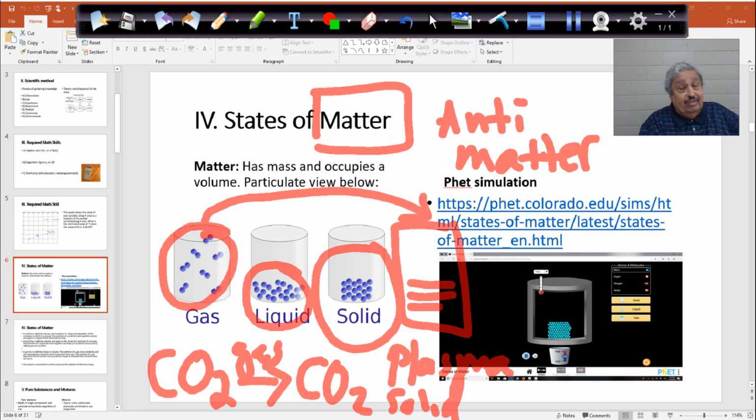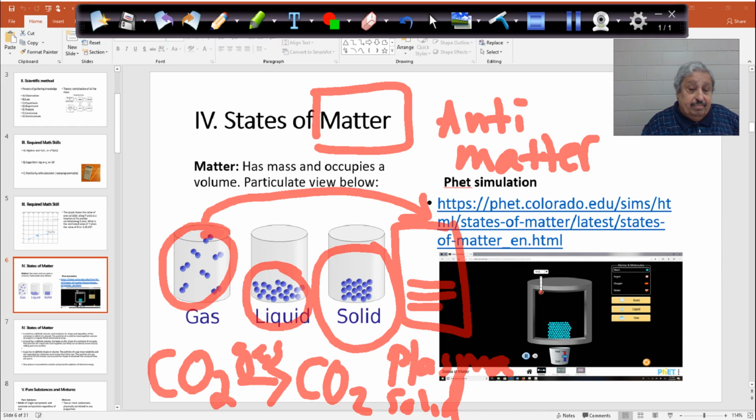If gases conducted electricity, there would be no life on this earth. We would be walking like zombies because we would be electrocuted, correct? That's not the case. However, solids are the highest conductors of electricity, and liquids are in between. That's for the conduction of electricity between the three types.